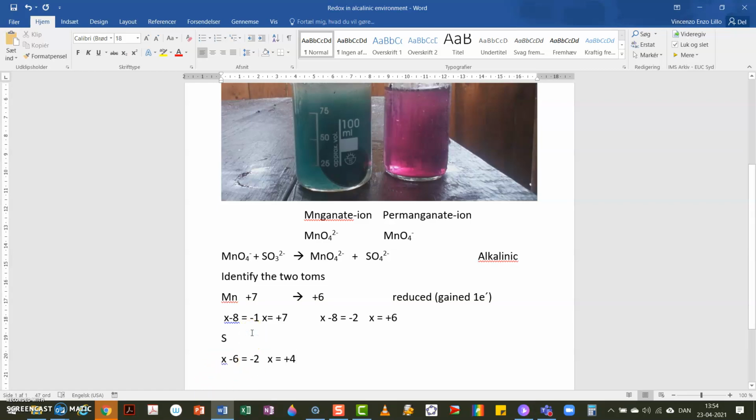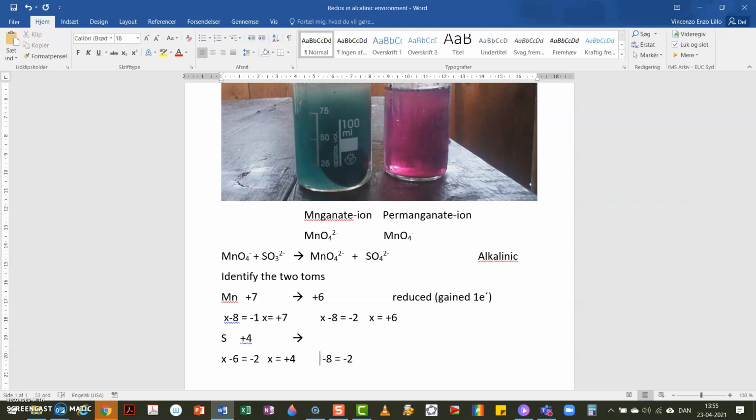So the sulfur goes from +4 to... well, on the other side of the arrow, we have got a charge of -2. We have got 4 oxygen atoms. They contribute in all with -8.